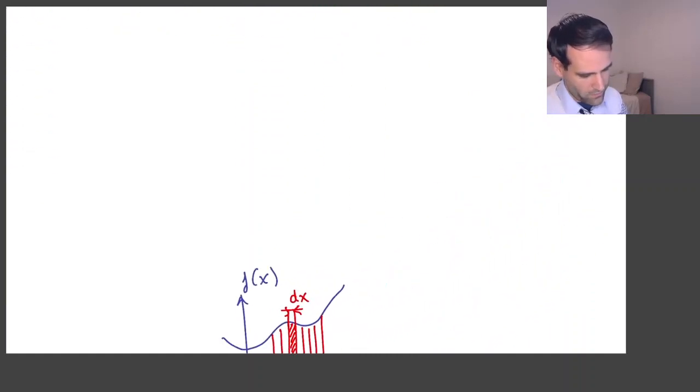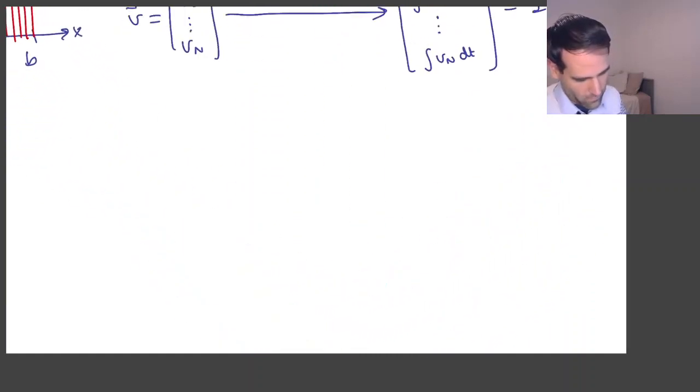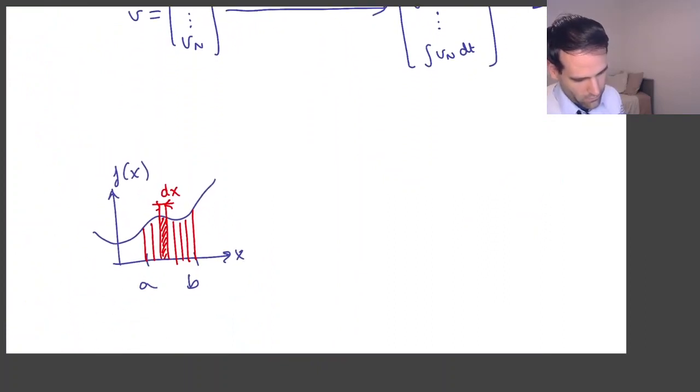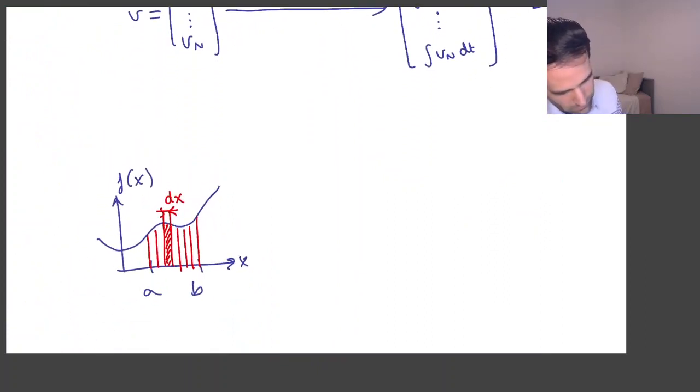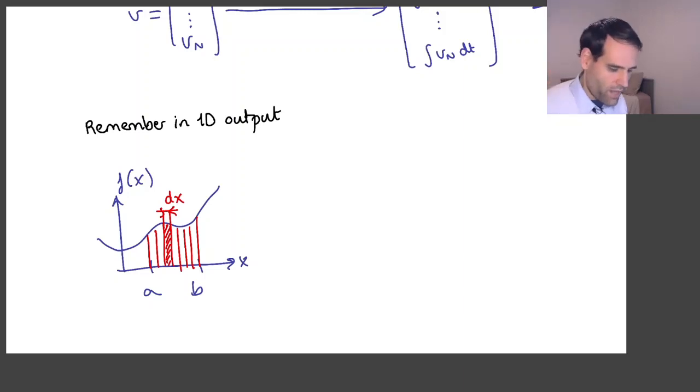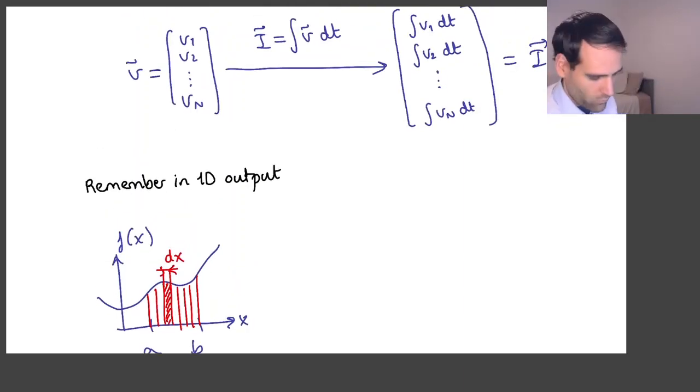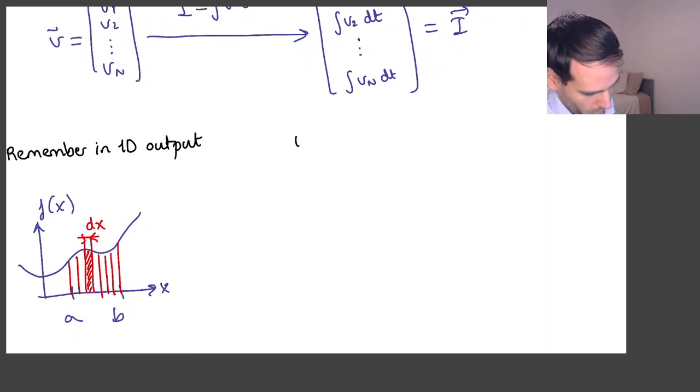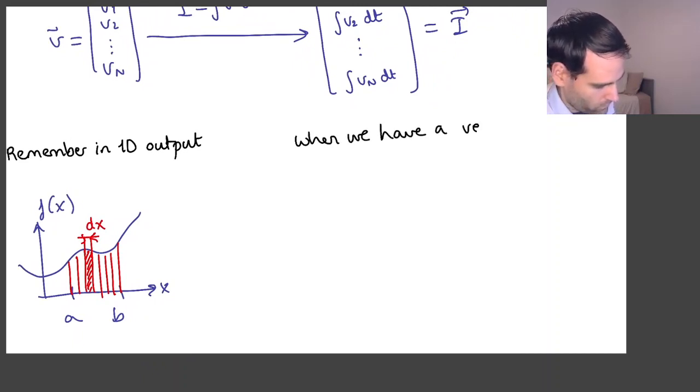So this was in one dimension. So when the output is a single dimension. So now when we have a vector, what is going on? The best way I can explain it is with an example.